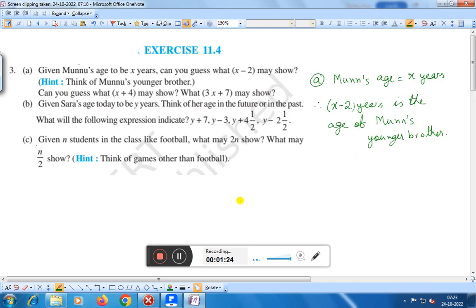And next question is, can you guess x plus 4 years? We can say that x plus 4 years is the age of Manu's elder brother, right?